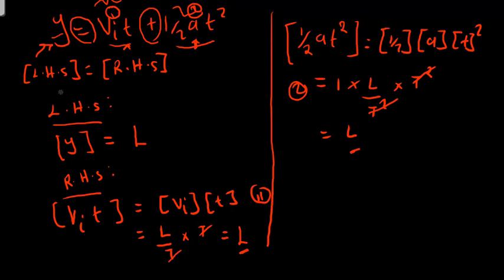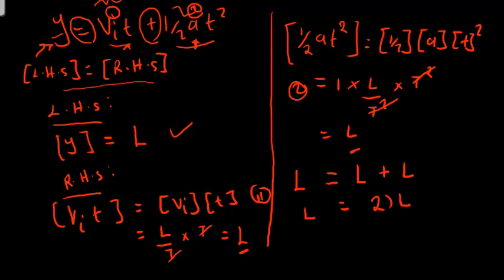However, we still have to satisfy the last rule, which is that left-hand side must be the same as right-hand side. On your left-hand side, you have capital letter L. We're saying they must be the same as dimensions on the right-hand side. On the right-hand side, you have an addition of the two terms. So the first term has L plus L, which is just equal to 2L.